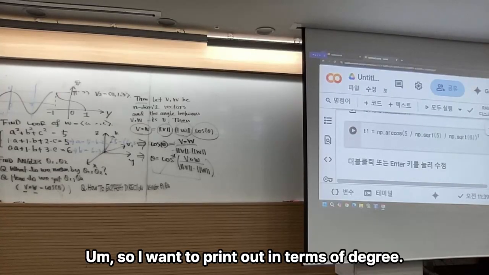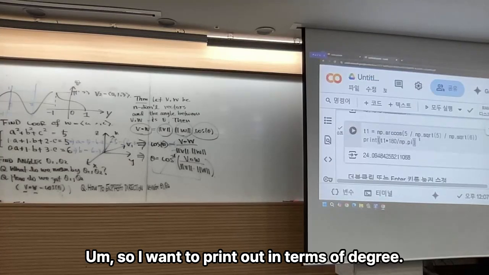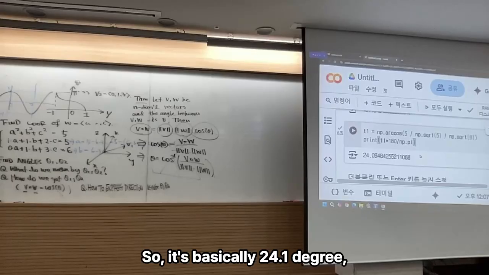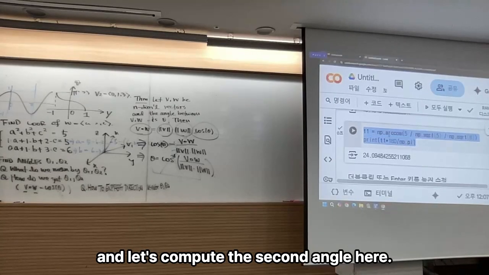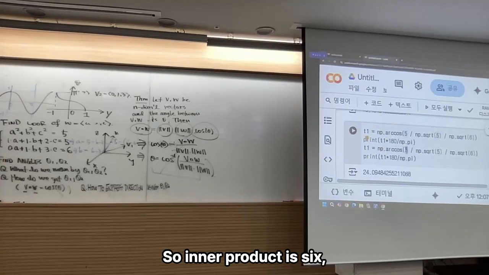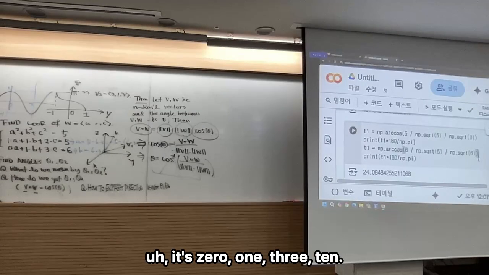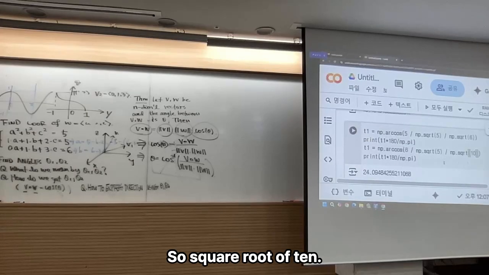So I want to print it out in terms of degrees. So it's basically 24.1 degrees. And let's compute the second angle here. So the inner product is 6, and the same norm for W, but the norm of V2, which is 0, 1, 3, is square root of 10.